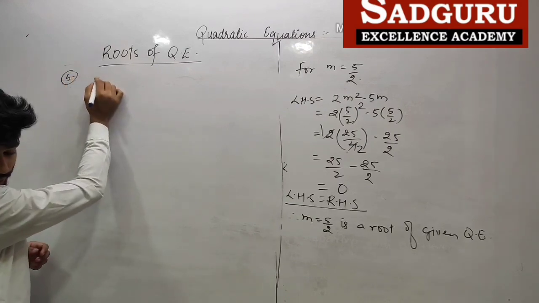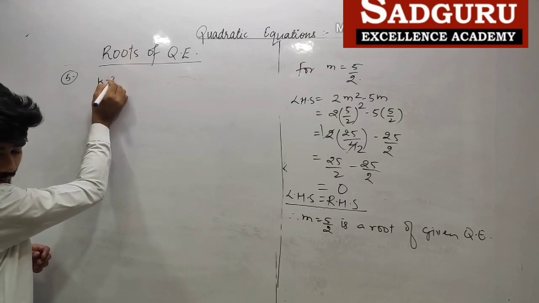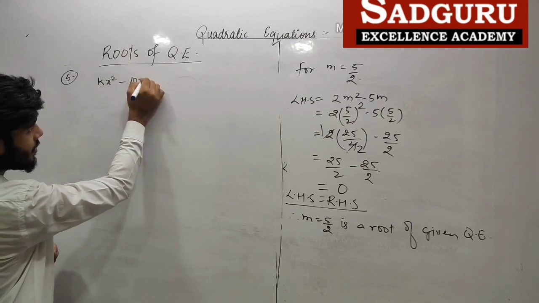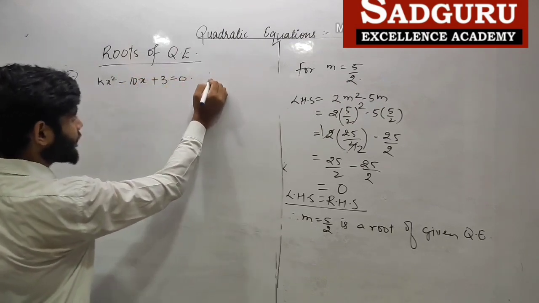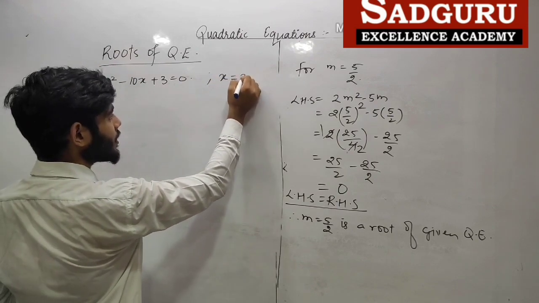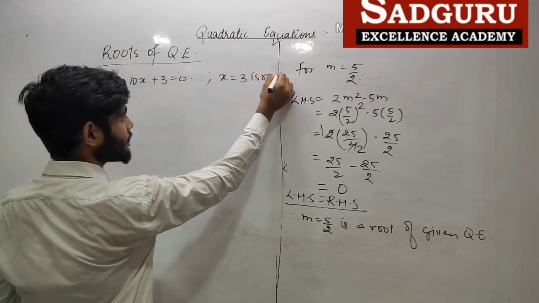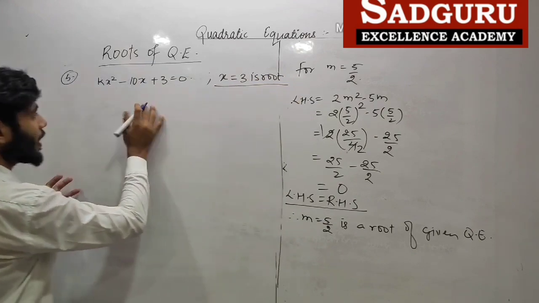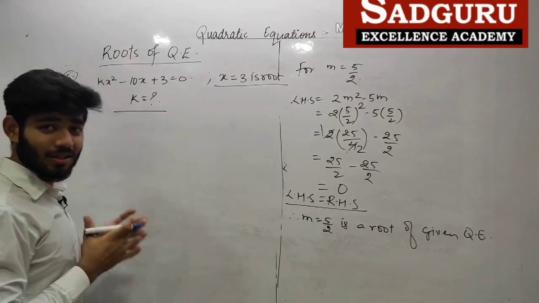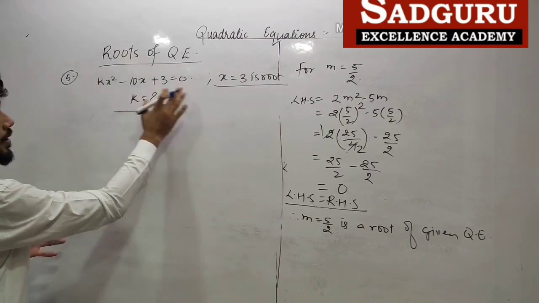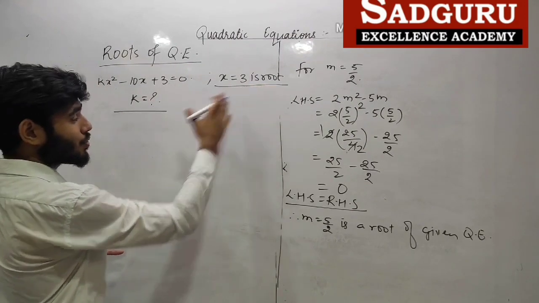The equation is kx square minus 10x plus 3 equals 0. And they are saying x equals 3 is a root, and we have to find the value of k. So the given condition is x equals 3 is the root of the given quadratic equation.